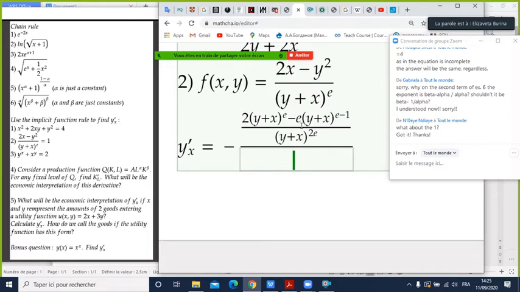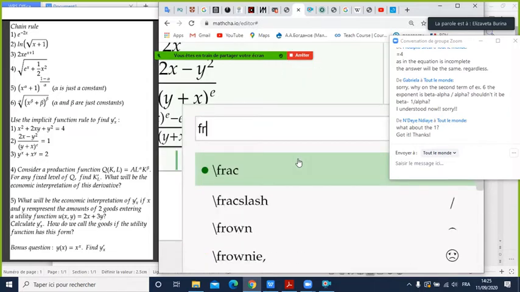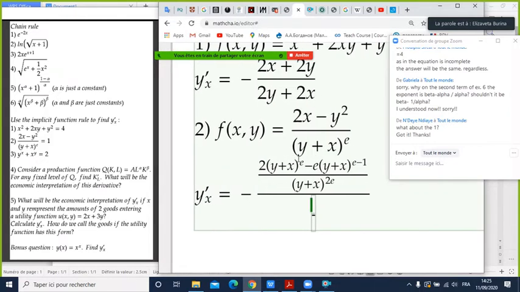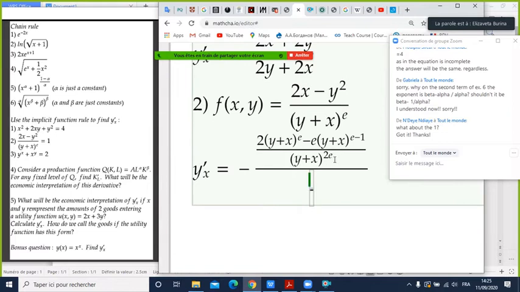This was supposed to be a derivative of this function with respect to x. Now the denominator, the derivative of this function with respect to y. So that's going to be a fraction again, because it's the same problem that we're having here. And the denominator of this fraction will be exactly the same as if we were doing it with respect to x. And the derivative of the numerator now with respect to y is minus 2y.